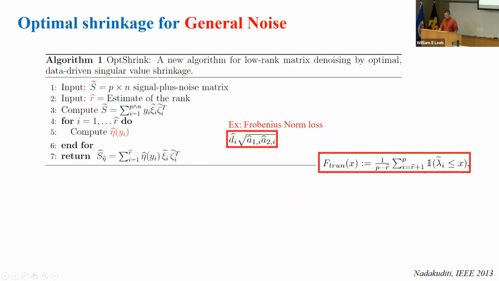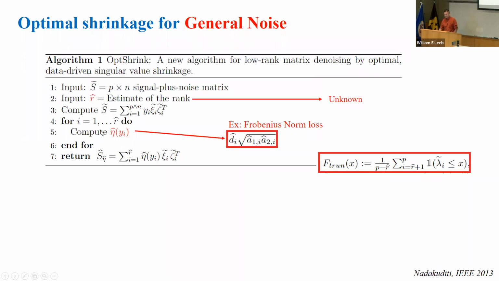In 2013, the optimal shrinkage already had an idea for general noise: if you have the noisy signal matrix tilde S and an estimator of the rank, then you can compute the singular value decomposition of tilde S and construct the optimal shrinkage estimator. But the problem is that this rank is unknown.